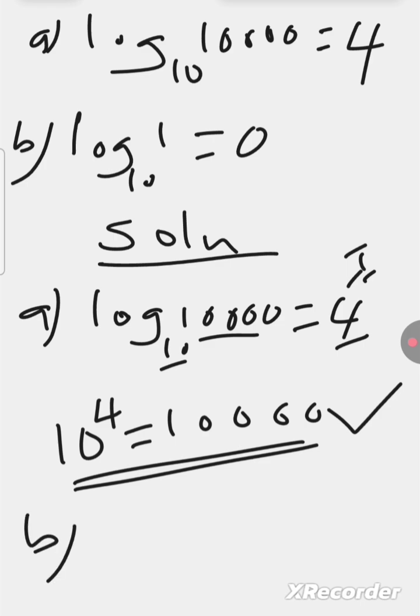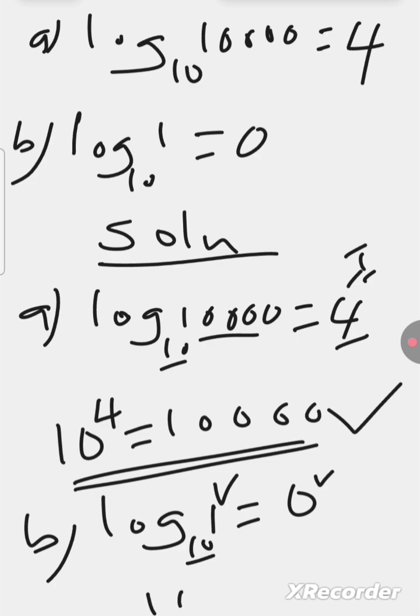B, we had the logarithm to base 10 of 1 equals 0. We said 10 is our base, 1 is our number, and 0 is our index.